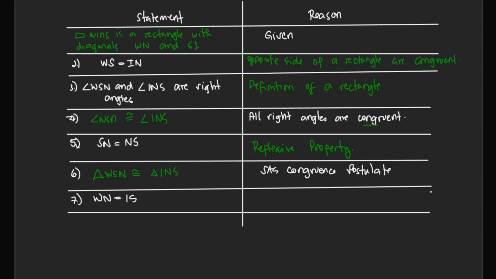We need to prove that line WN is equal to line IS. Remember, our WN based on the diagram is one of the diagonals. So the possible reason for this one will be CPCTC. Ano ibig sabihin ng CPCTC?